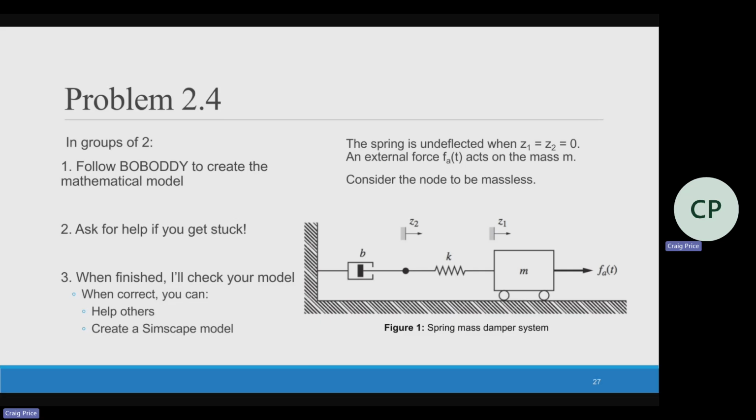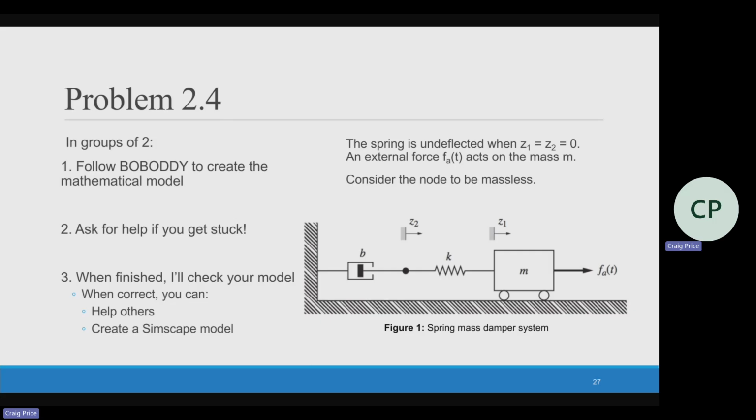How do we do this? How many degrees of freedom do we have? So we have both a mass that can move, and we also have a node, which we consider to be massless, but it also has a degree of freedom.